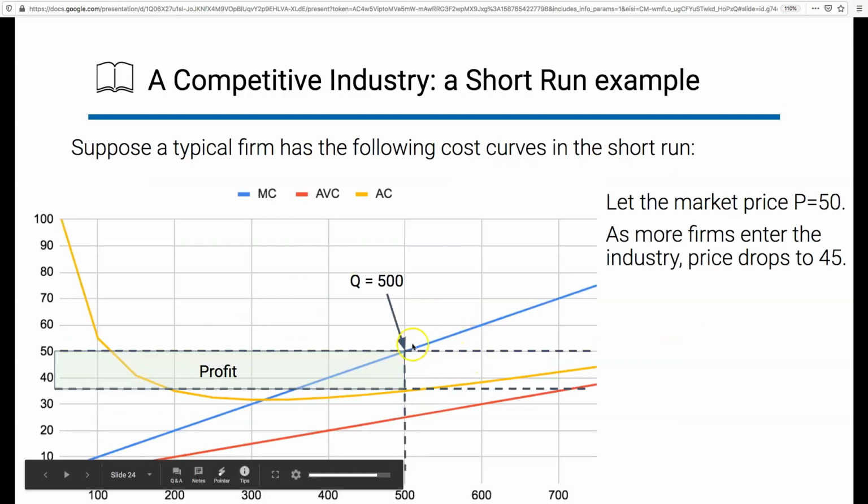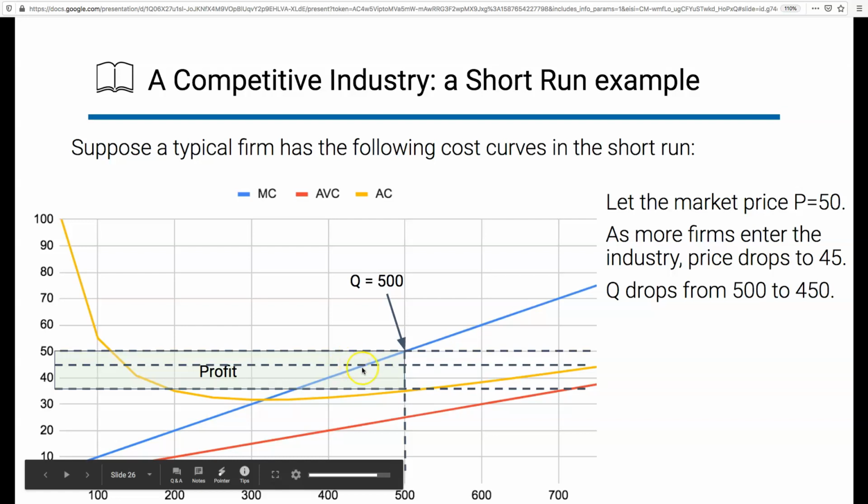So this is where we were. At the price of 50, the firm will be producing 500 and making positive profits. Now, as more firms enter, let's assume that the price drops to 45. So we'll have a new price level of 45. That's bad news because we will be forced to produce less. So quantity will drop from 500 to 450.